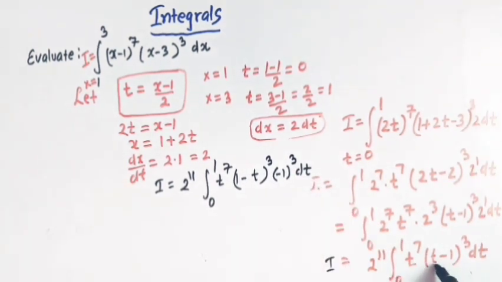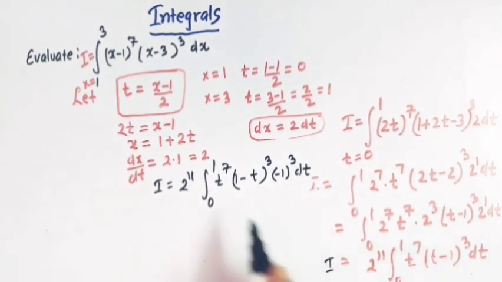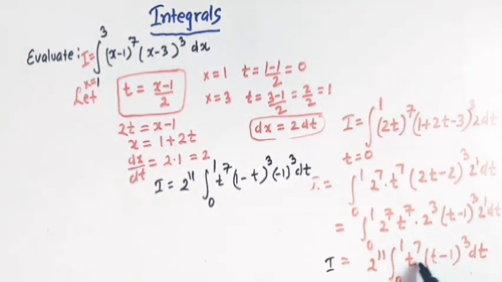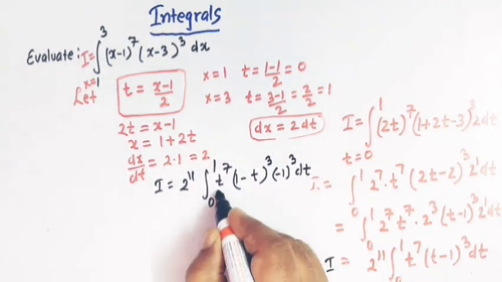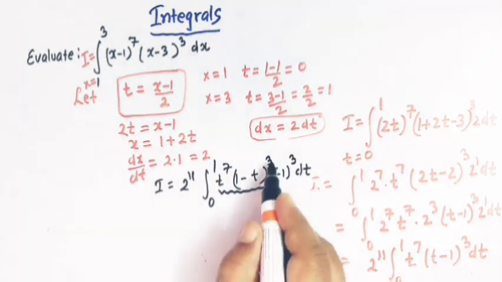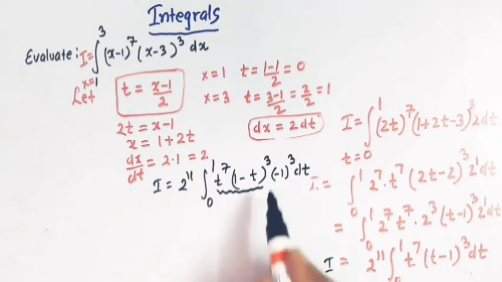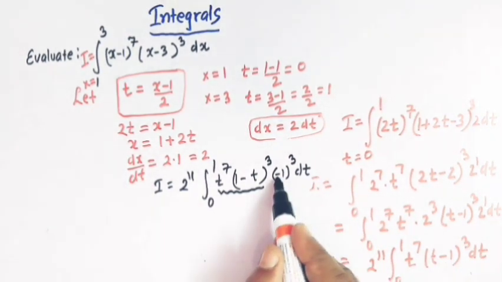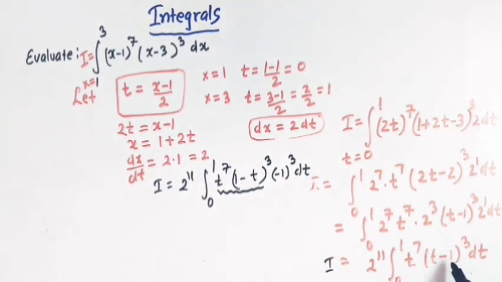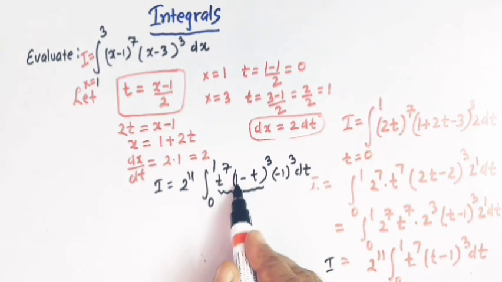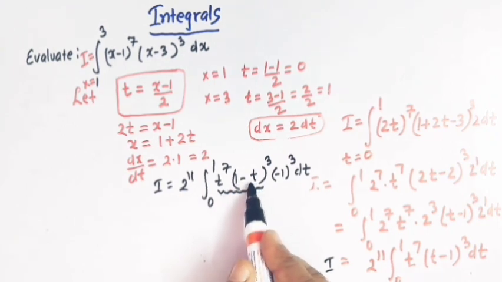So what we have done here, we have written t minus 1 as 1 minus t raised to 3, taking minus 1 common, because we want to convert this integral into a beta integral, right? So that's why we have here minus 1 raised to 3, because taking minus 1 common, expressing t minus 1 as 1 minus t, right?